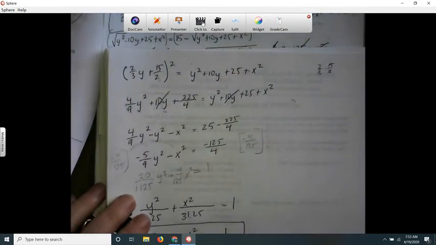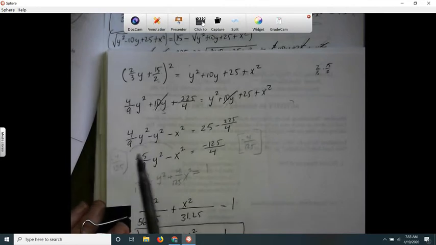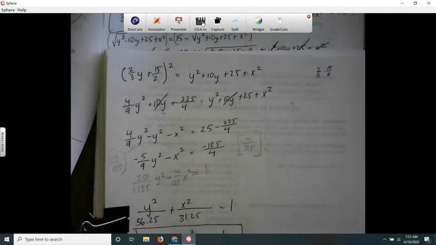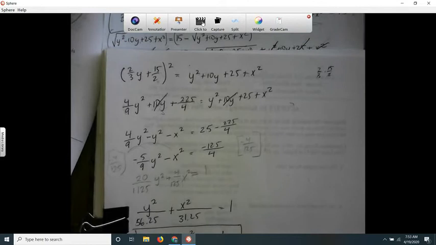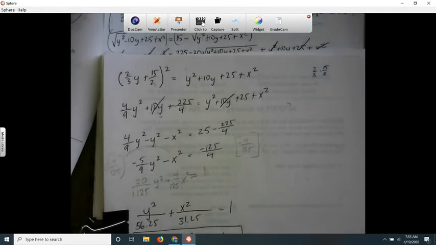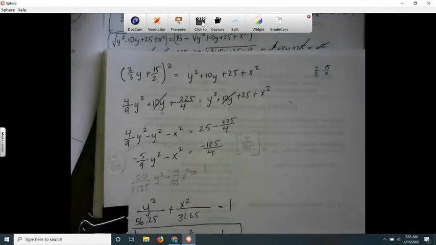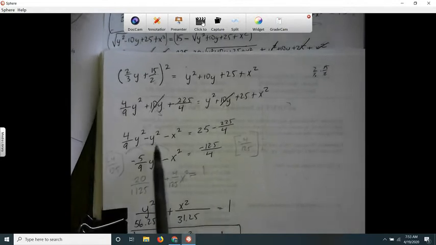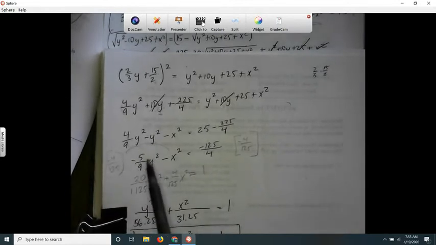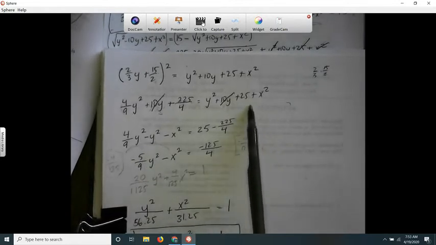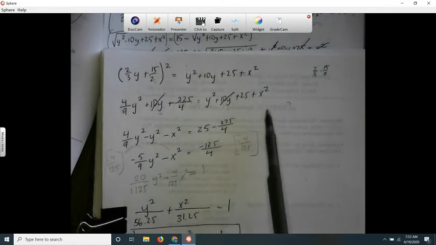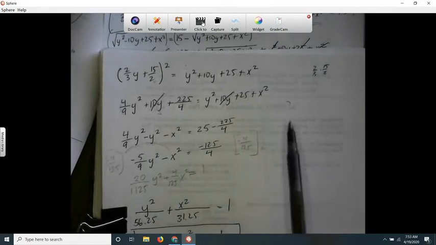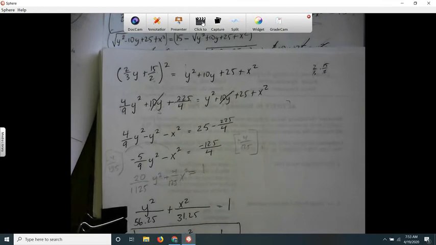Oh, and then I said, well, where am I going with this? So I'm trying to get a 1 on the right-hand side and get the y squared and x squared on the other side. So what I did was I moved all the things, all the non-constants, like all the x's and the y's to the left and all the constants to the right.